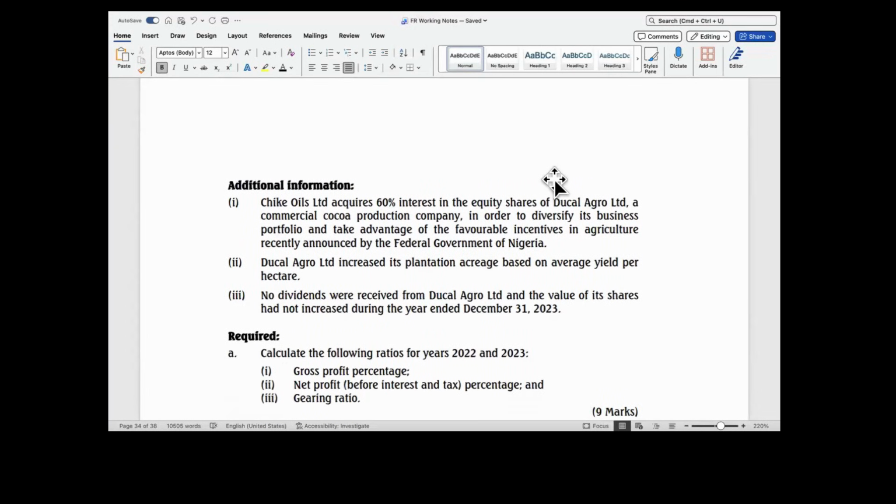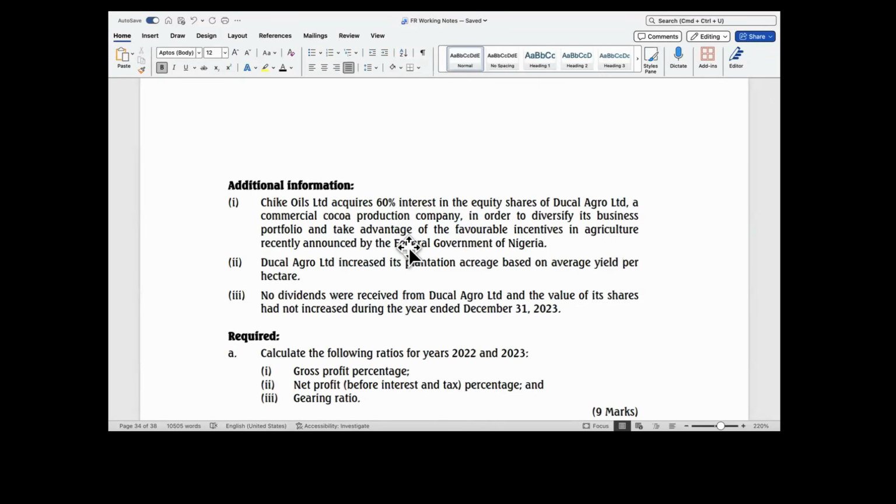This additional information is telling us that this company bought a controlling interest, 60% interest in the equity shares of Dukalago, a commercial cocoa production company, in order to diversify its business portfolio and take advantage of favorable incentives in agriculture recently announced by the federal government.